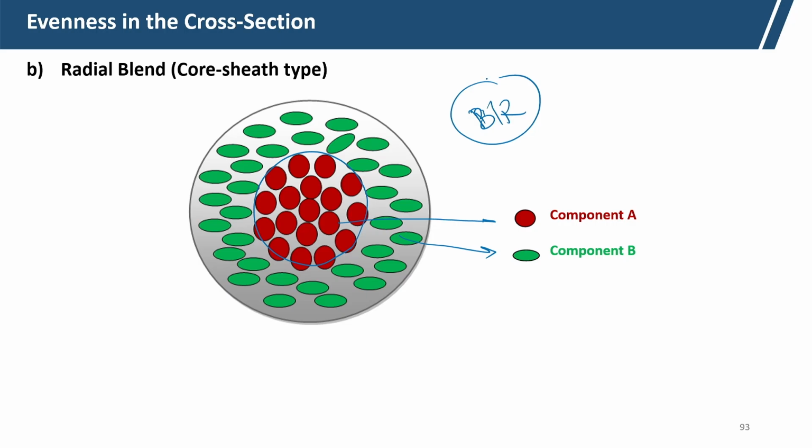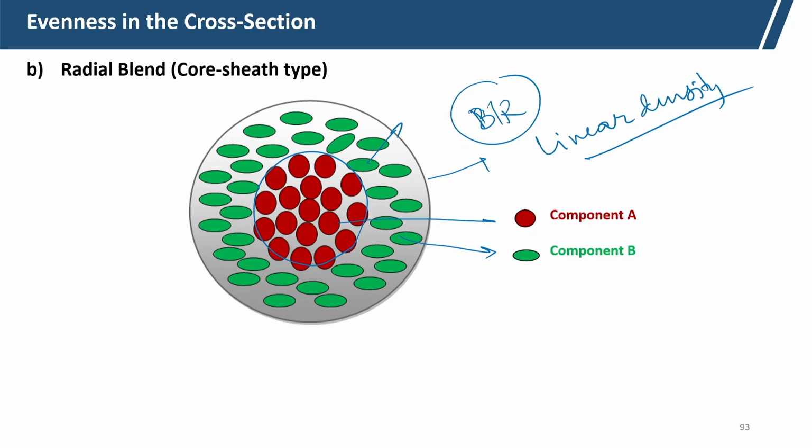Even after blow room blending, if we select fibers with different nature, like widely different linear density, widely different denier of the fibers, the coarser fiber will always try to come into the sheath, and the finer fiber will go to the core.